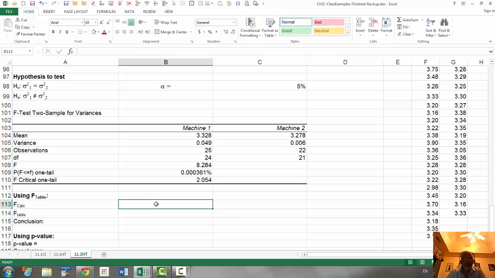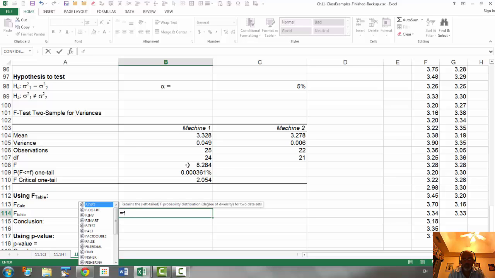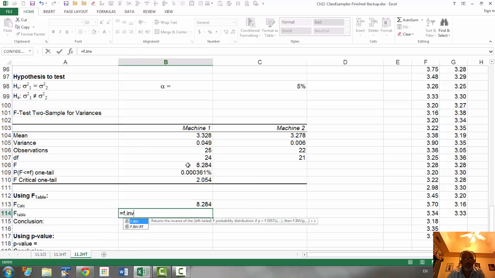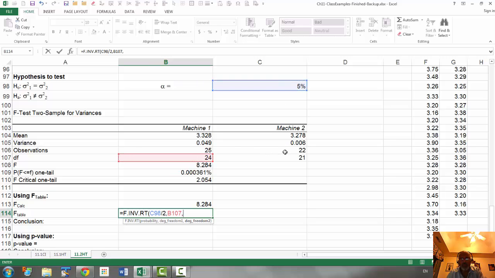But first, let's do the problem using the F-table value approach. The calculated F value is that. For the F-table value, remember this is a two-tailed test, so we need to do F.INV.RT for the right-hand side, with alpha over 2, and then the numerator degrees of freedom and the denominator degrees of freedom.